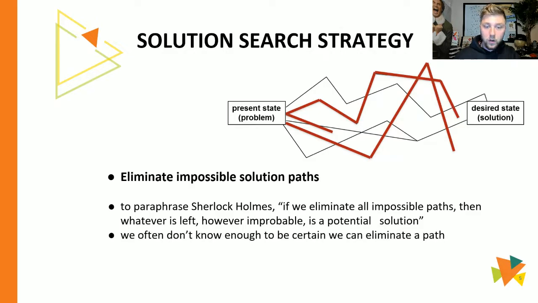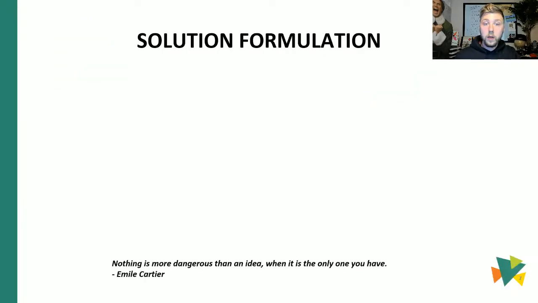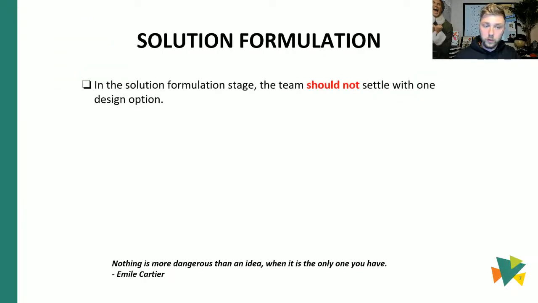So we often don't know enough to be certain to eliminate a path, and this is a very common problem. So let's look at solution formulation. In the solution formulation stage, we should not settle with one design option, because if you settle with one, it's like settling with one path. We don't exactly know if that path is going to end at the desired state, which is the solution.